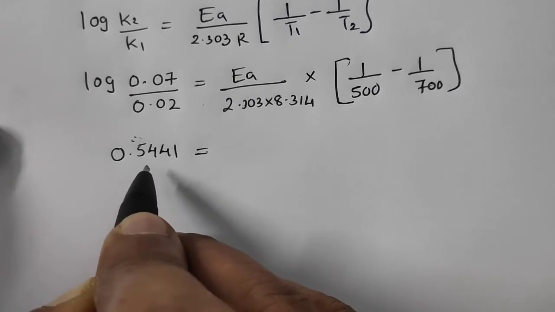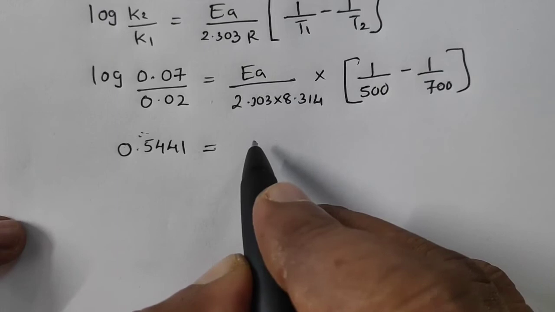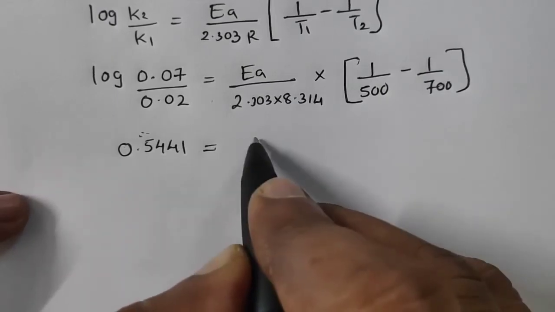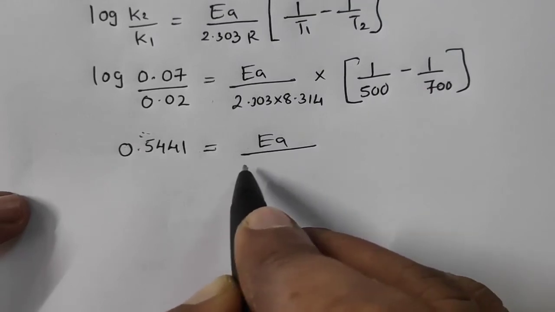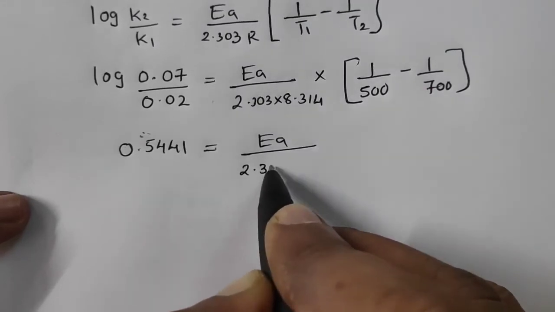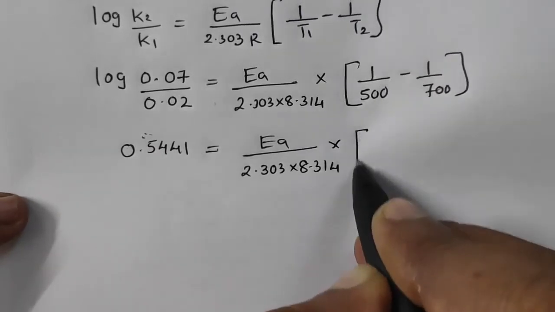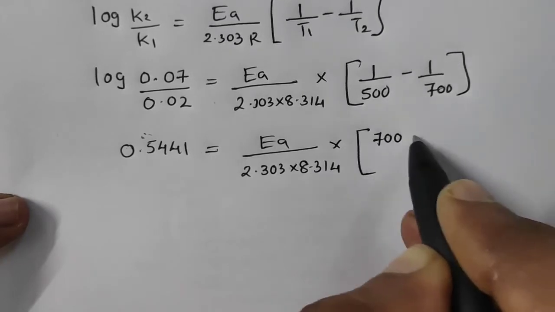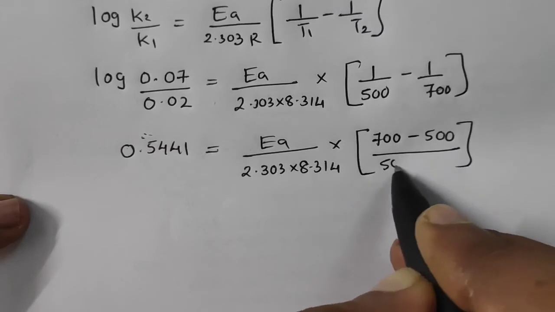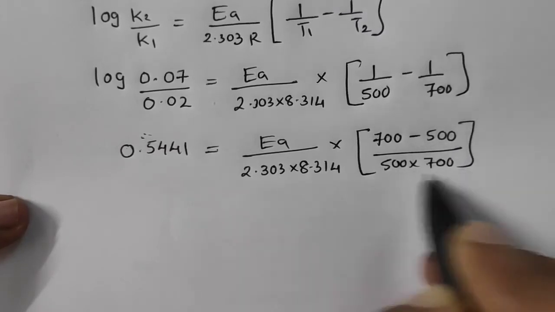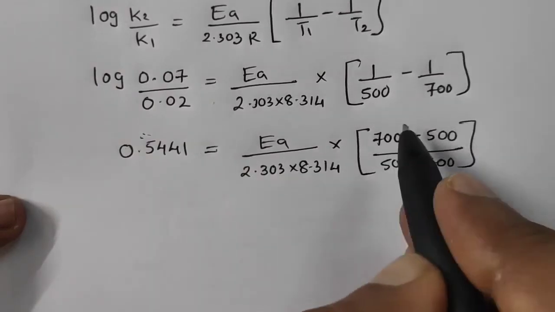We have already discussed how to calculate log. If you don't know, you can ask me on my personal number. Clear? Then EA upon 2.303 into 8.314 into, taking LCM, 700 minus 500 divided by 500 into 700, that is T2 minus T1 divided by T1 T2, if you remember.